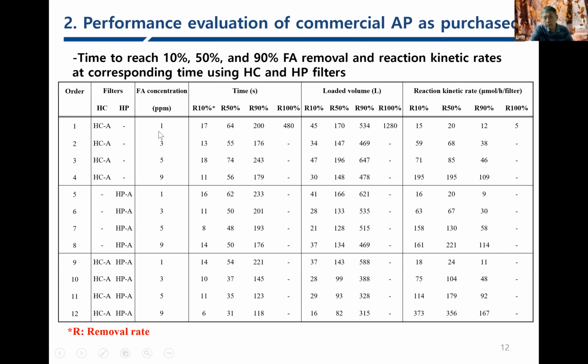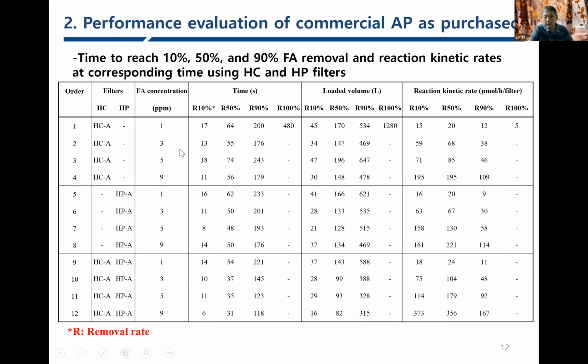So to remove 1 ppm of formaldehyde, the honeycomb as purchased showed 480 seconds to remove 100% of it. For 10%, it's 17 seconds. Also, to reach 100% removal, we had to supply 1,280 liters of air into the system. But for 10% removal, 45 liters.